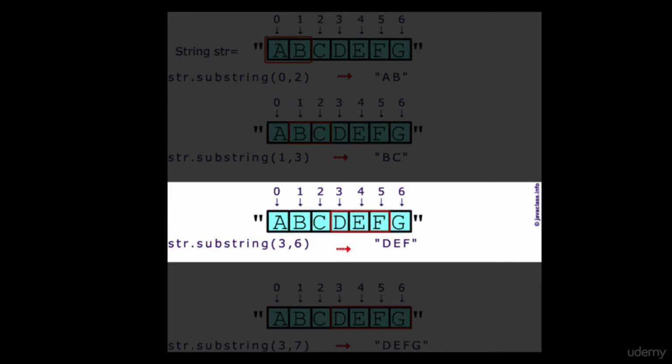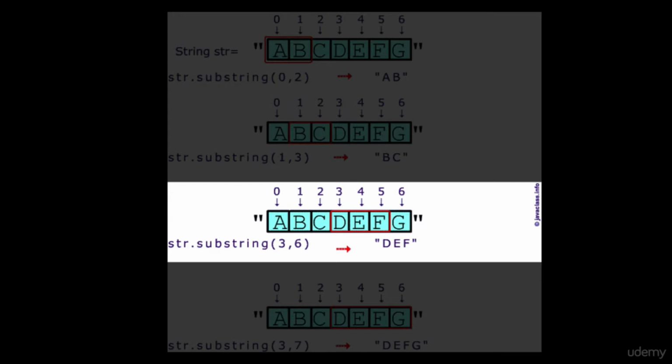Okay, and that of course gives us D, E, F. So you're beginning to see the pattern here. In the beginning, it might be a little tricky for you to pick this up, but with a little bit of practice, it'll be much easier.